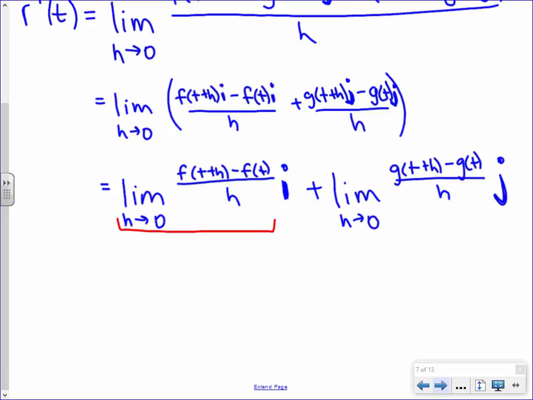What I just underlined in red, what does that mean? Derivative of f. And what does that mean?